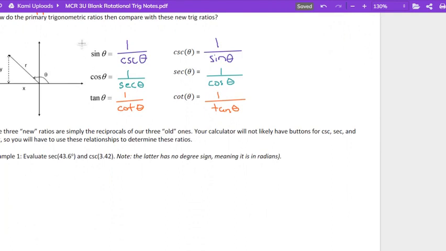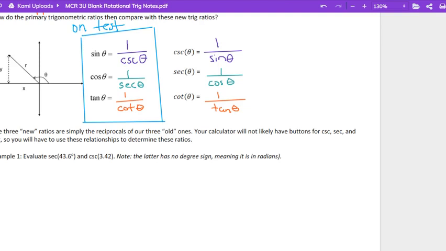Now for the test, I will give you this. But I won't give you that cosecant is r over y, right? But you can get to that. What you need for the test is to remember which ones go together, right?